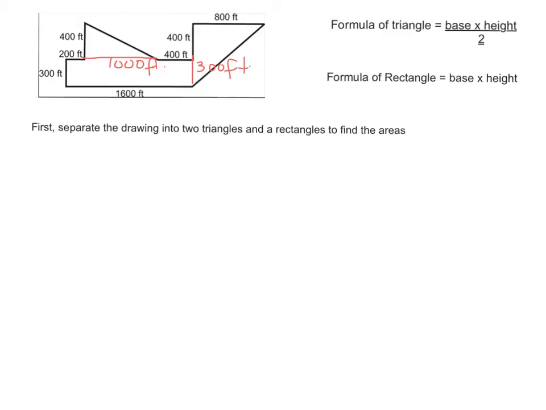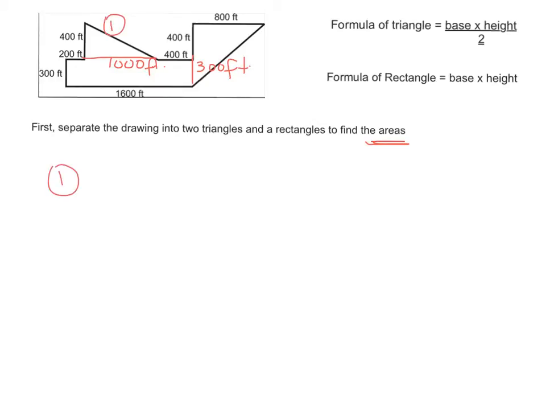Now we can find the area, and we can also find the perimeter of the whole figure. Now, for this one we only wanted to find the areas. So let's see, the first triangle, which is this one.